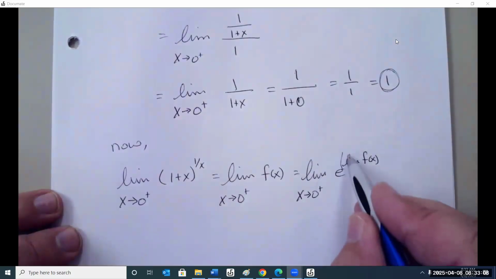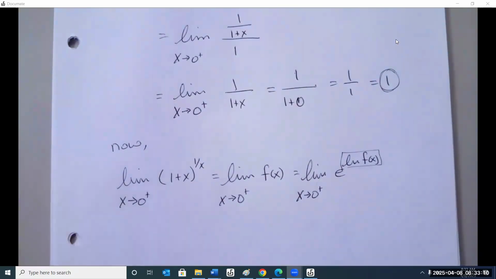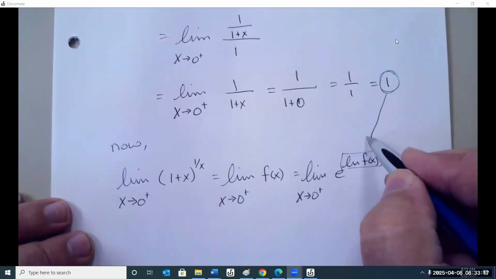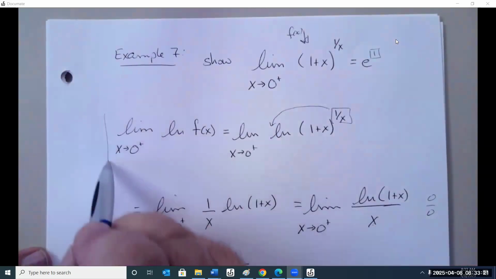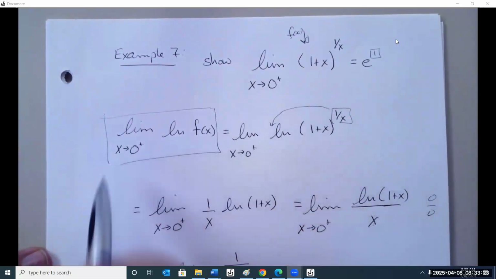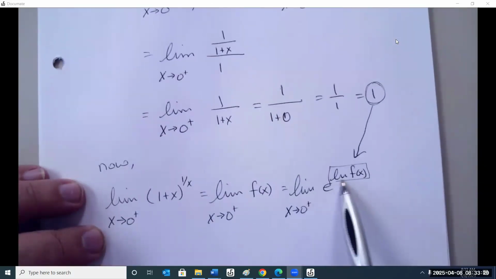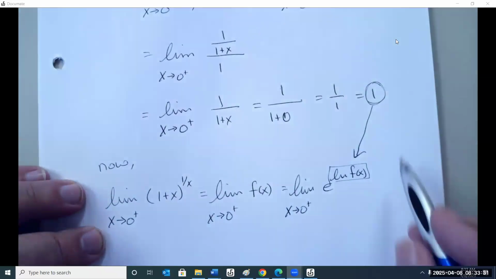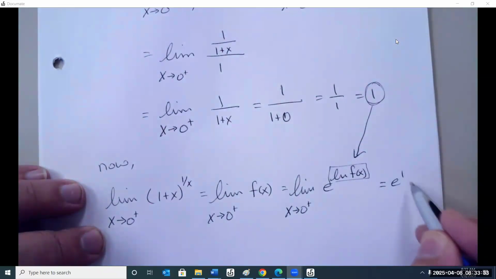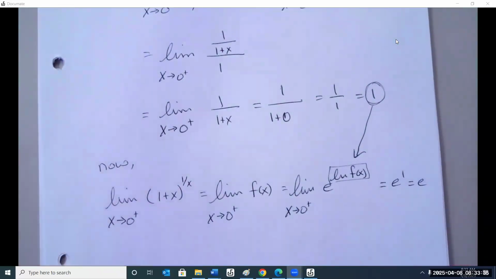What is ln f of x? Ln f of x is what we just found. Remember, this is what we're doing. The limit of ln f of x is what we just found there. So we have e to the power 1, which is e.